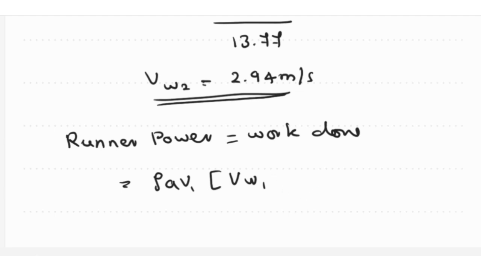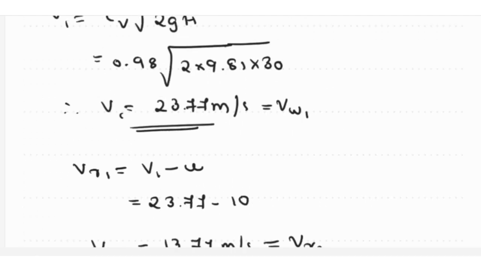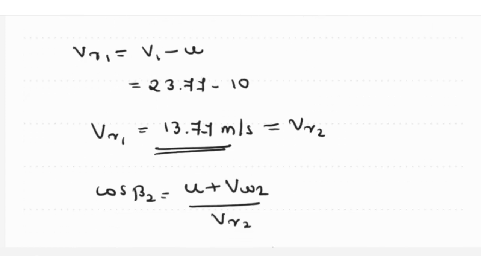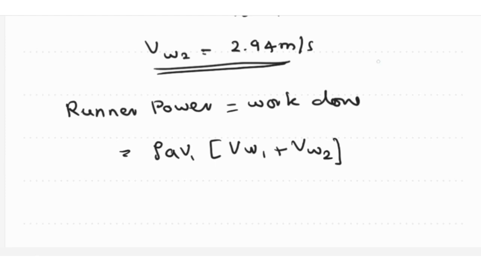So we can decide whether it is plus or minus based on the value. So here we can calculate the value of VR2 cos beta 2. Here VR2 cos beta 2 is greater than U. So here it will be plus.